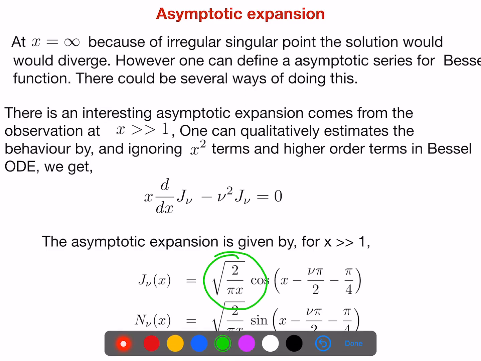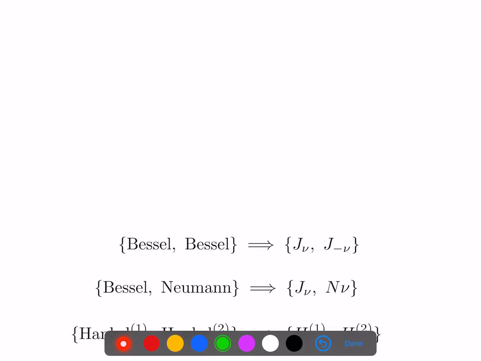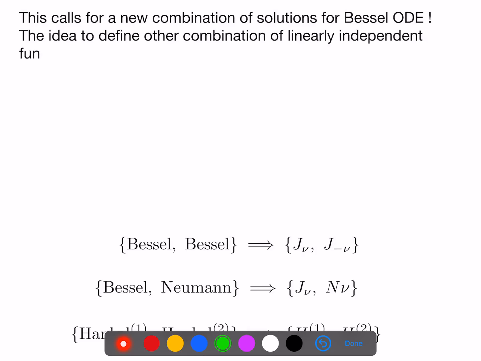There is a 1 by x which is prominent, and this solution would go to 0 when x goes to a very large value. One can see that the solution behaves as a combination. One can see that these solutions are behaving like sine and cos.